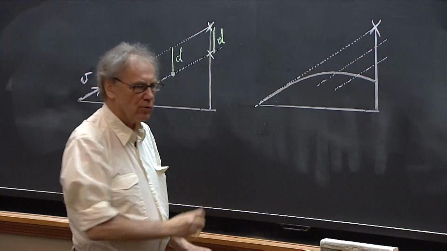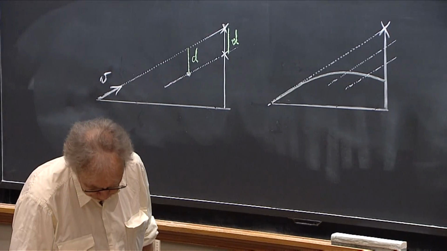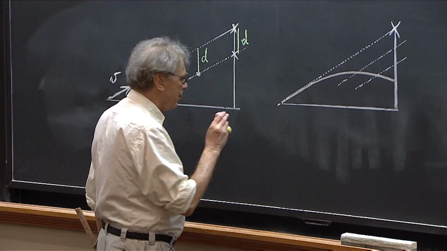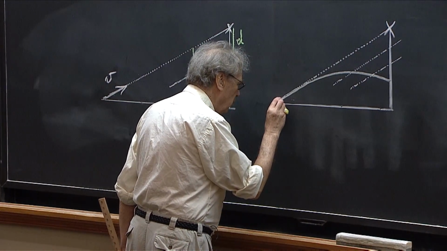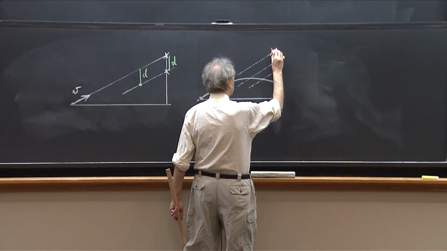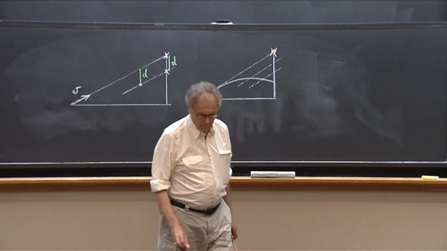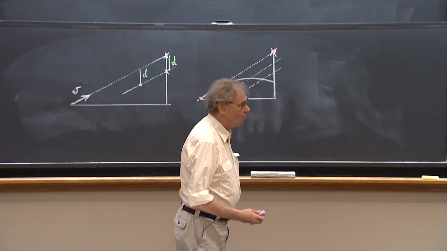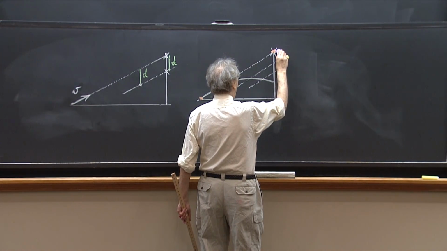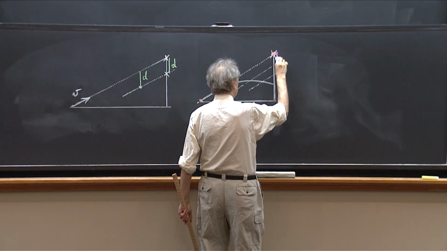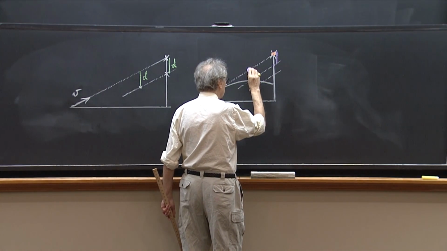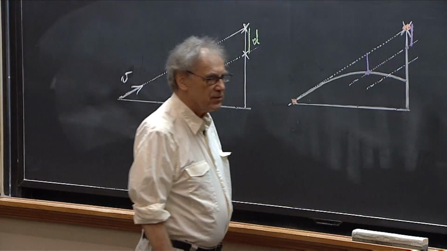It doesn't matter where I draw them. Now comes something very important. At the moment that the bullet is fired, this is where the bullet is, and this is where Robert is. A little later in time, when Robert is here, he has fallen over this distance. That means the bullet must then be here. This is that same distance.